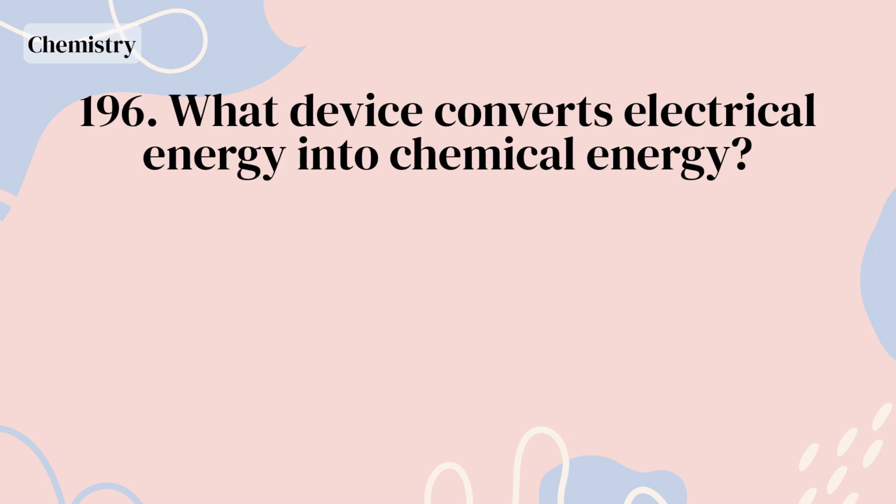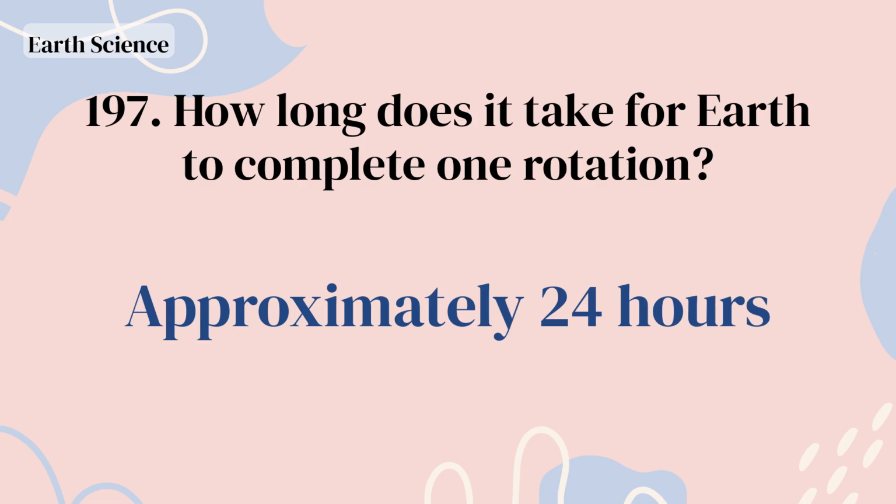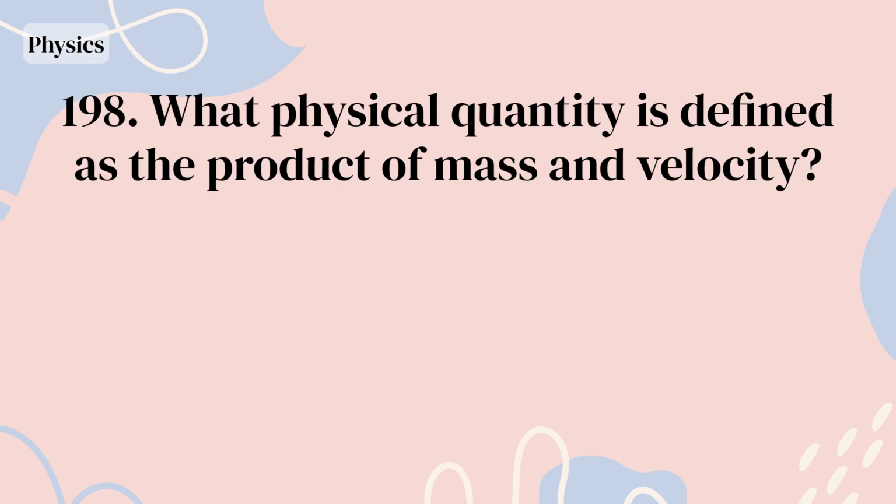DNA. What device converts electrical energy into chemical energy? Electrolytic cell. How long does it take for Earth to complete one rotation? Approximately 24 hours. What physical quantity is defined as the product of mass and velocity?